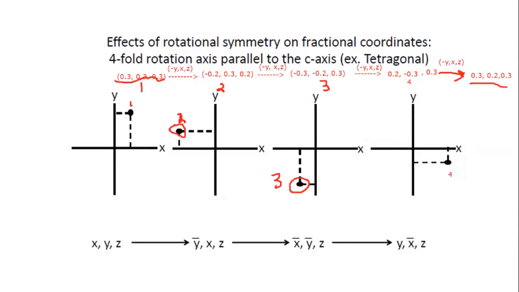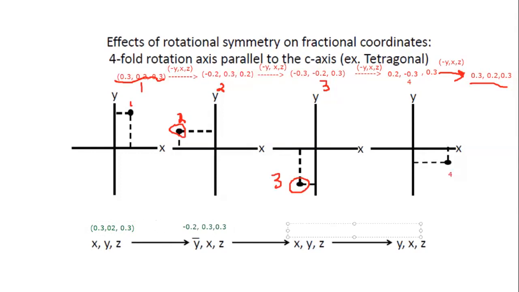Now what you're seeing here at the bottom is, if we're just starting from the original set of coordinates, here we get 0.3, 0.2, 0.3. Now with our original set of coordinates, if we do negative y, so with what's shown at the bottom, you always start with your original set of coordinates.